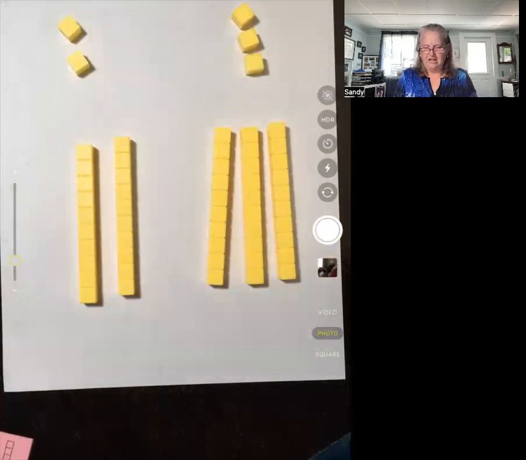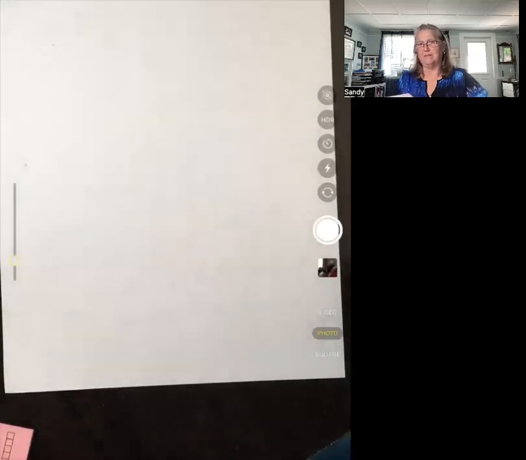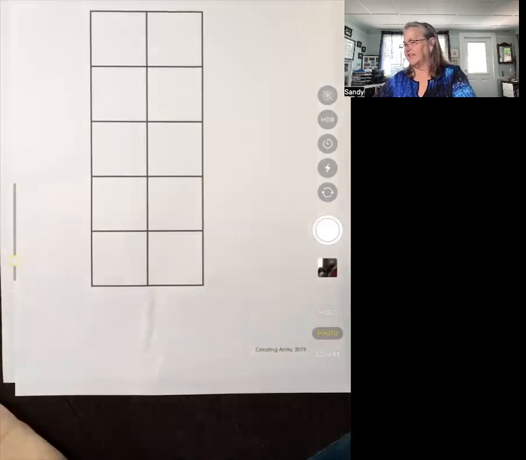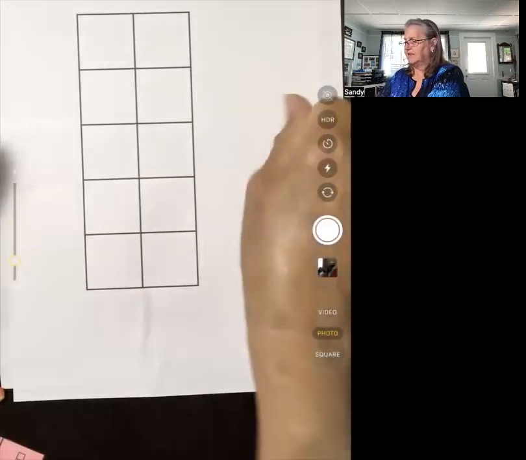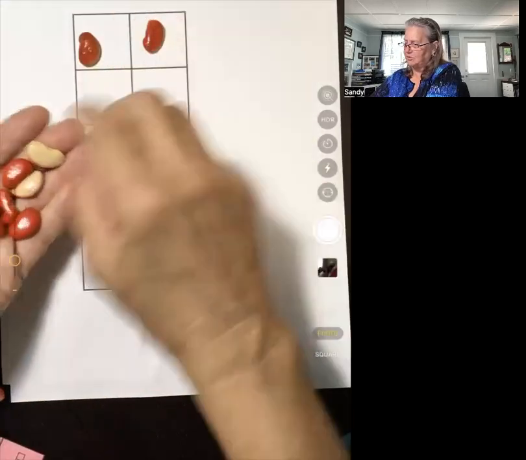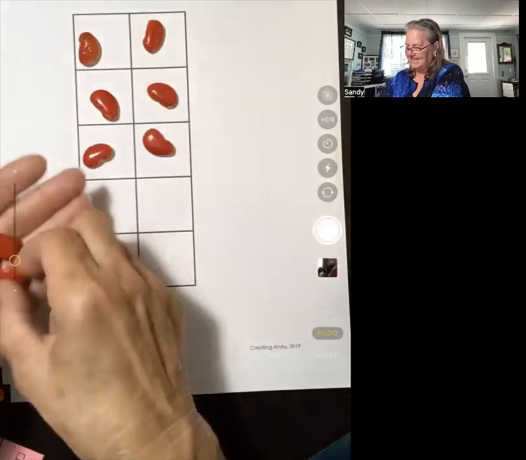Now, I want to go back to the 10 frame and just think about early place value. That showed us one example, because that showed us the example of using the base 10 materials to look at the difference between the unit and a 10, ones and tens.